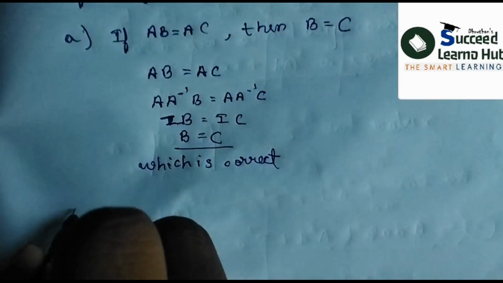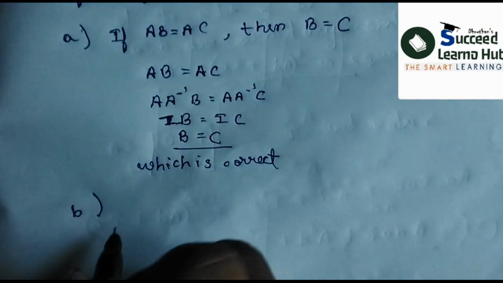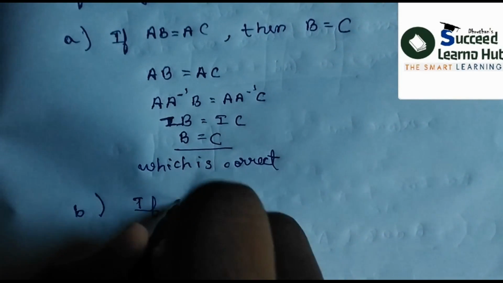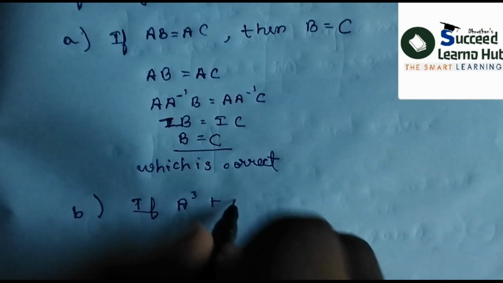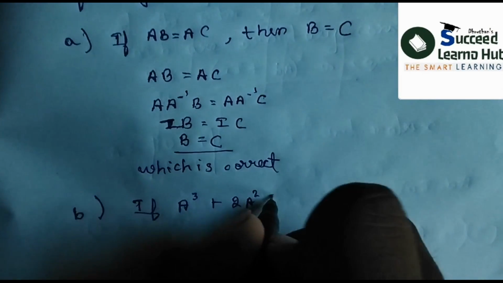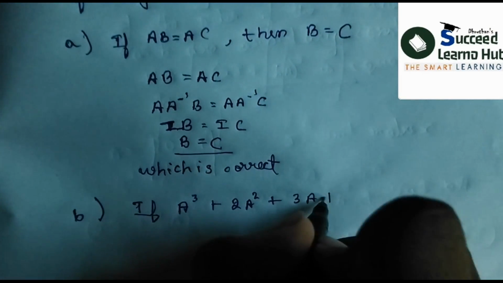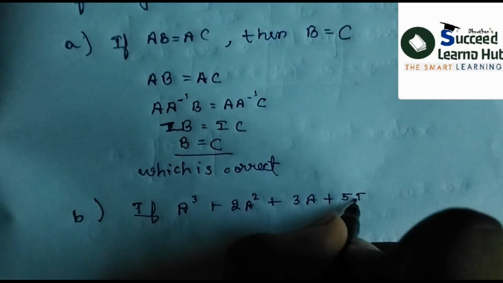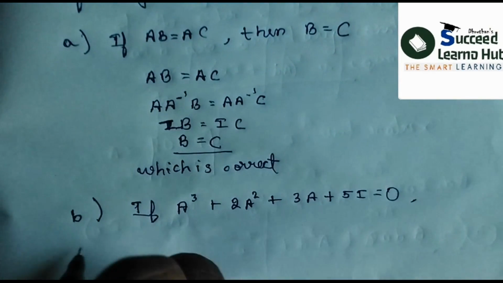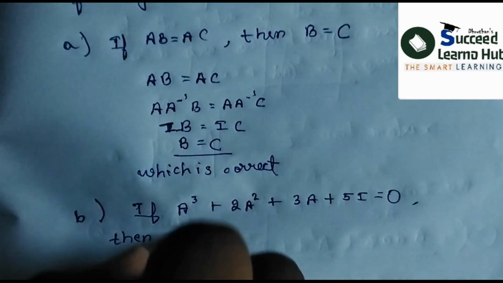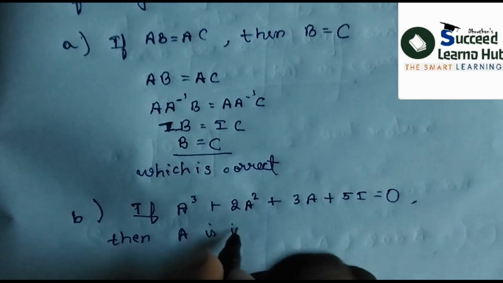Now let us check for option B. Option B is, if A cube plus 2A square plus 3A plus 5I is equal to 0, then A is invertible.